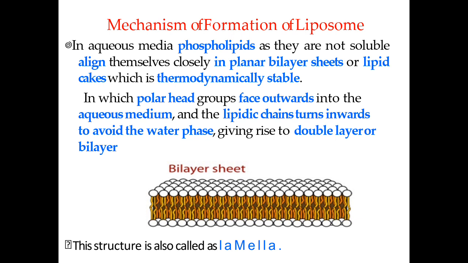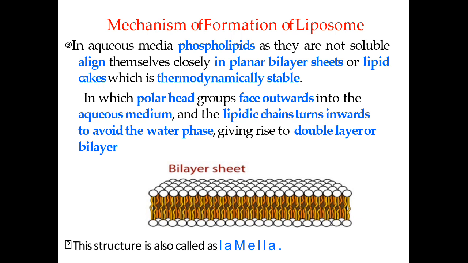This bilayer sheet looks like a sandwich. The upper part is your polar head, and the middle part is nothing but your thread-like structure, of yellow or brown color, which is made up of your lipid bilayer. So you are able to embed your lipophilic drug molecule in between the upper part and lower part, that is the middle part, which consists of the hydrophobic region.